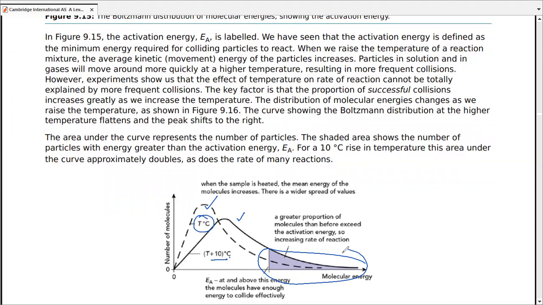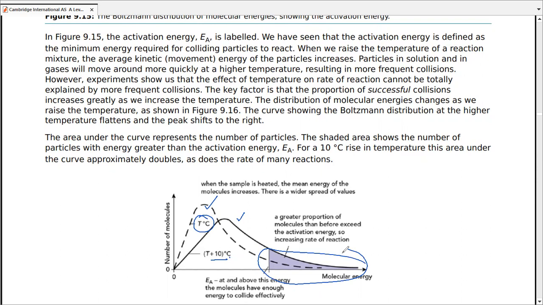Okay, so these experiments show us that the effect of temperature on rate of reaction cannot be totally explained by frequent collisions. The key factor is that the proportion of successful collisions increases greatly as we increase the temperature. And just 10 degrees centigrade is a very good way of showing it.